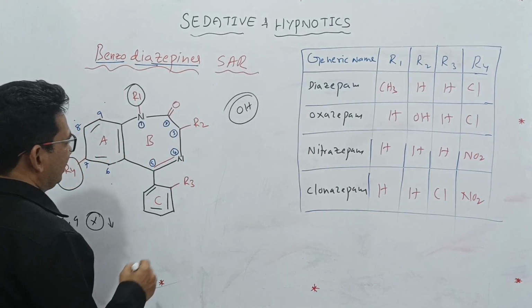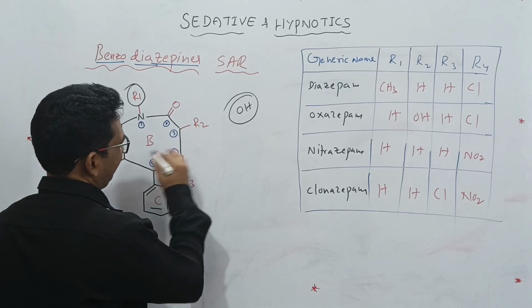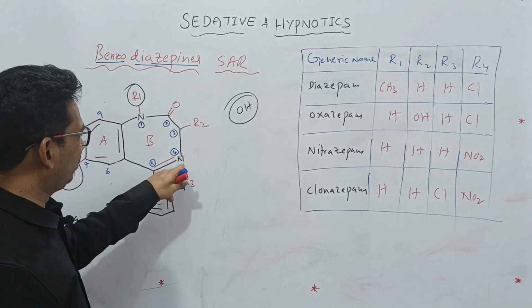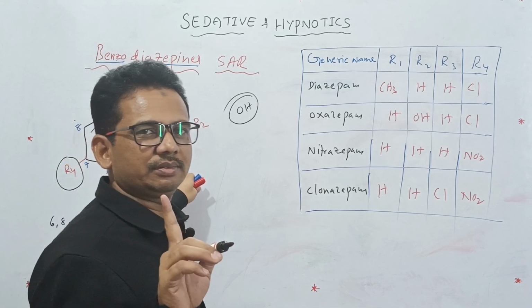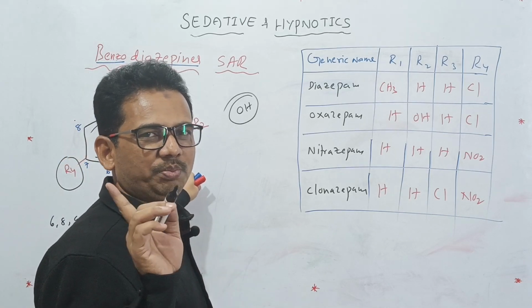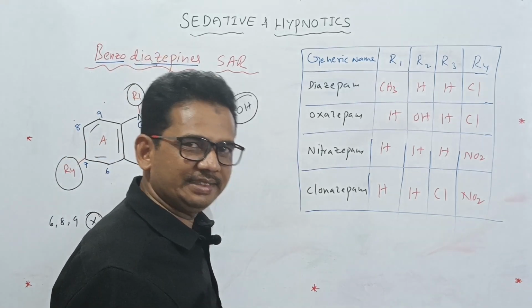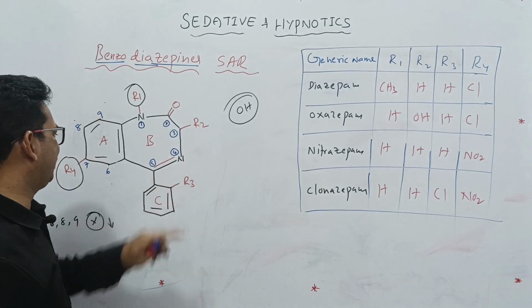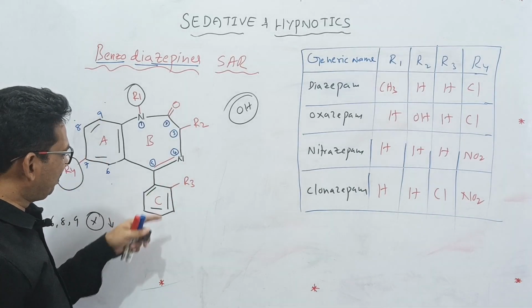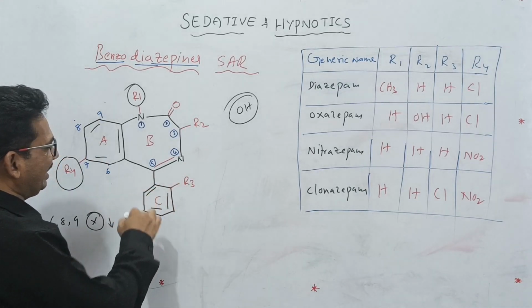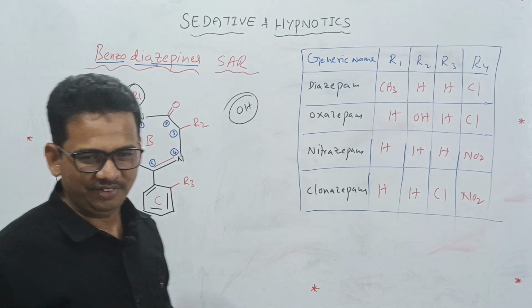Now see, next here the nitrogen will be there. This nitrogen you cannot substitute with any group. If you substitute, the activity decreases, especially at this fourth position. Now at the fifth position, the presence of a phenyl ring is very important.